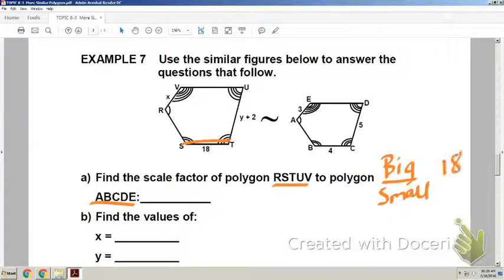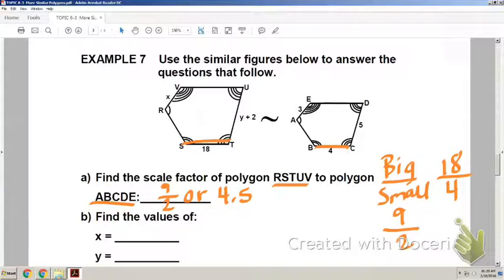So I'm going to take 18 over its corresponding side, 4, and reduce that to find my scale factor. 18 and 4 are both divisible by 2, so 18 divided by 2 is 9, 4 divided by 2 is 2. So my scale factor is 9 over 2, or you could also put this as a decimal and say 4.5. So that means the bigger polygon, RSTUV, is 4.5 times larger than the smaller one.